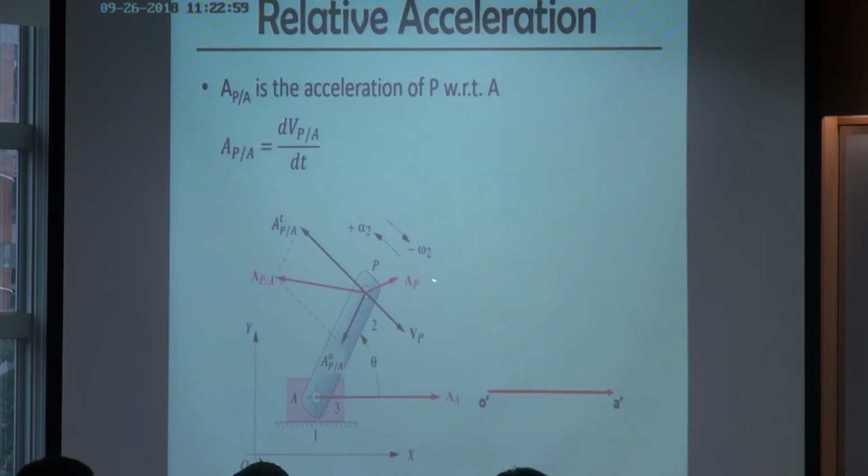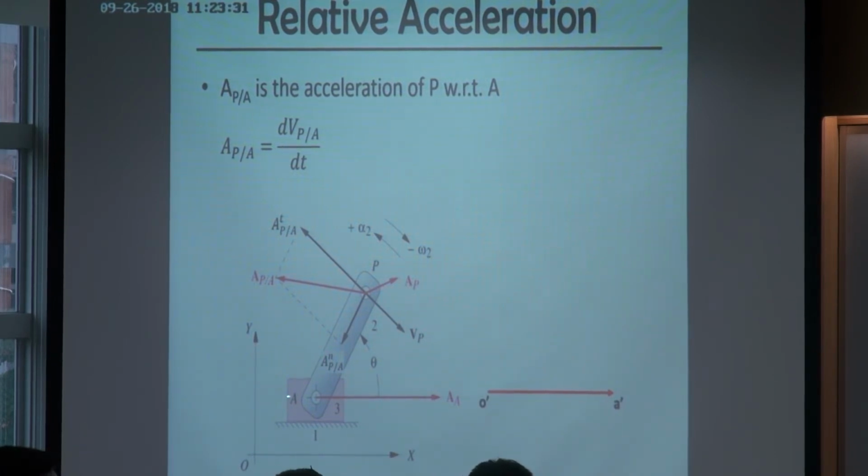In this case, if we want to find A_P, we'll use a similar relationship: A_P equals A_A plus A_P/A. We want to find A_P, and we need to figure out what A_A and A_P/A are first.